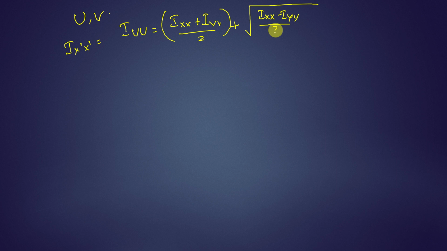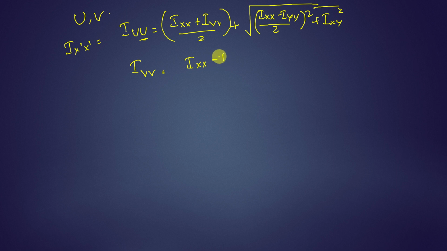Ixx plus Iyy by 2 plus under root Ixx minus Iyy by 2 whole square plus Ixy whole square. Next IVV, that is nothing but major principal moment of inertia, and this is minor principal moment of inertia.